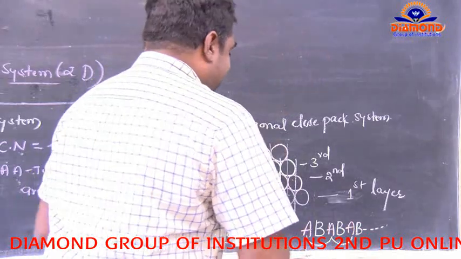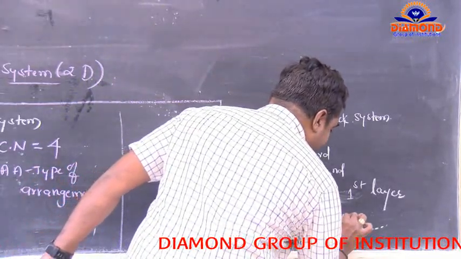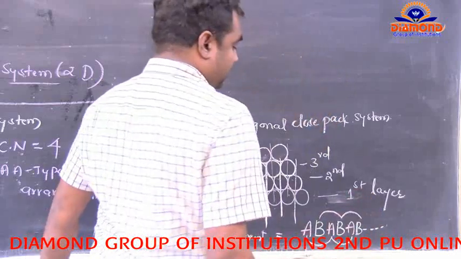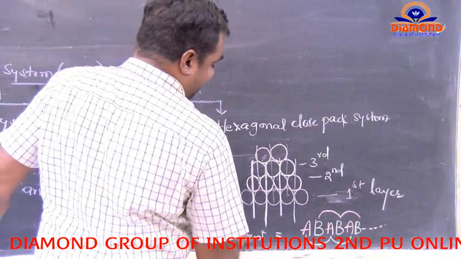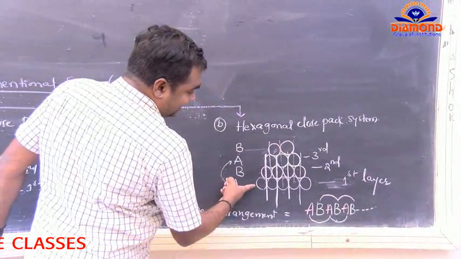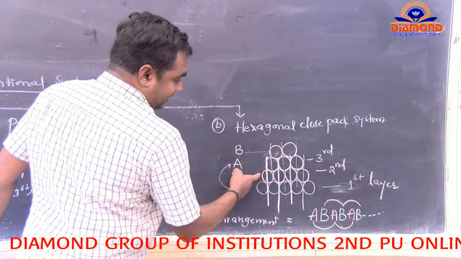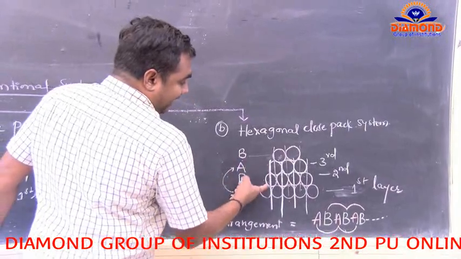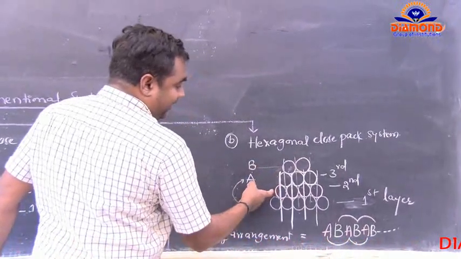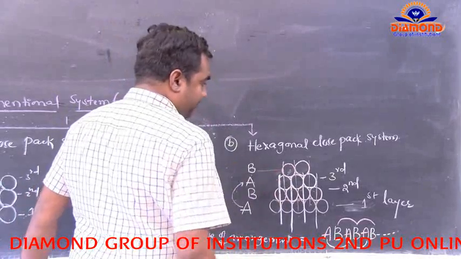Whereas the second layer is similar to the fourth, and the fourth is similar to the sixth layer. So it belongs to the ABAB type of arrangement. The third layer is a repetition of the first, and the fourth one is a repetition of the second. So these two are same and these two are same.